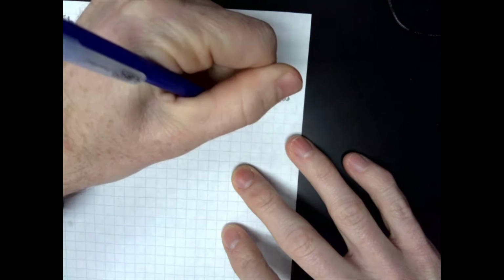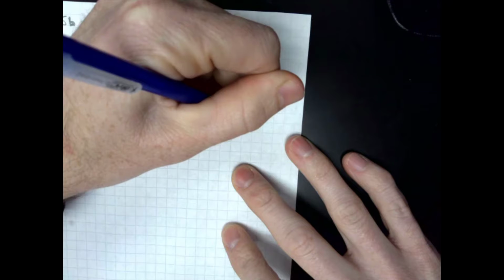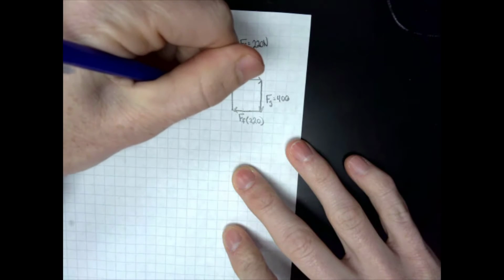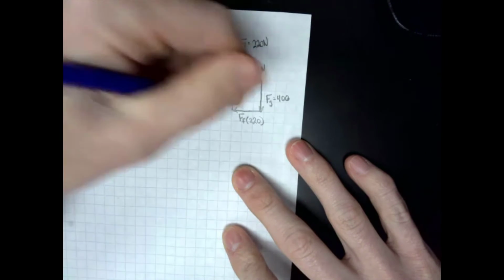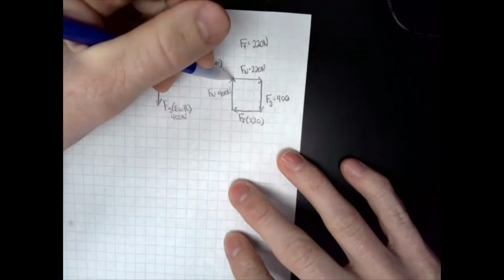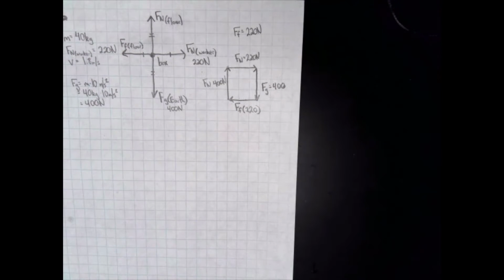We have friction to the left, which is also 220 newtons, which means that the normal force from the ground has to be 400 newtons, because where this one starts, it needs to end at the exact same spot because there's no net force. So that's problem number 1.